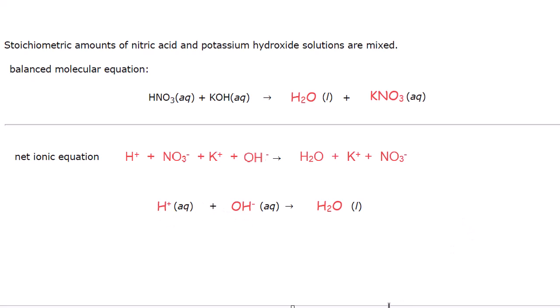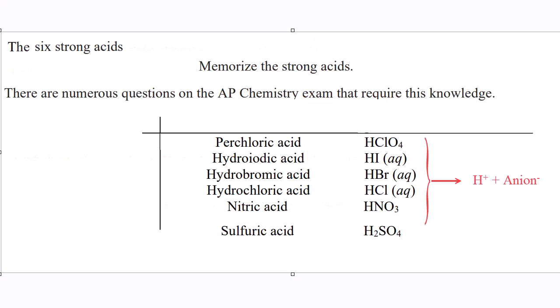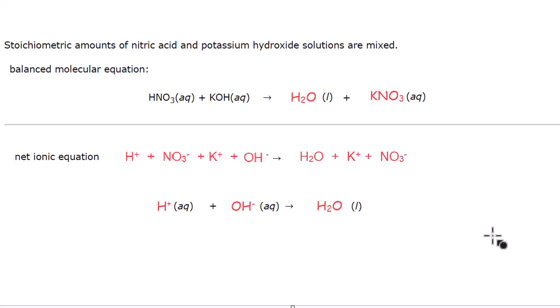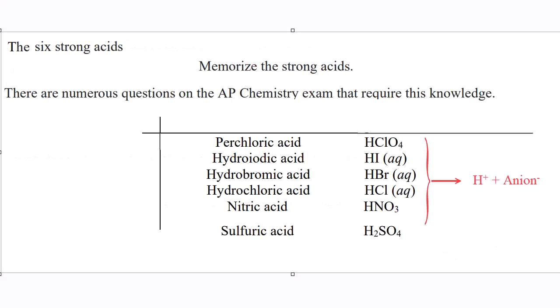You, though, have to remember these acids. You have to be able to identify them. On an AP exam, they won't tell you that these are the strong acids. You're going to have to know that. But hey, there's only 6 of them. And again, these are pretty exotic, but you've heard of hydrochloric, nitric, and sulfuric. I mean, they're well known. Like any lab will have these all the time, dilute and concentrated solutions.